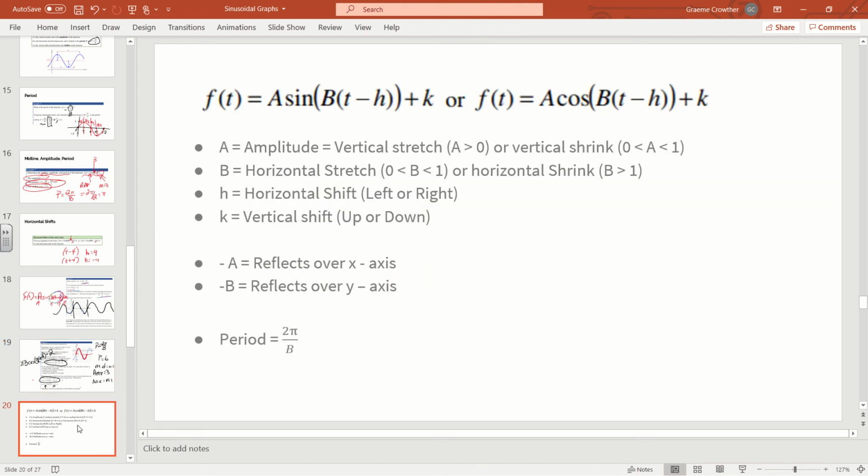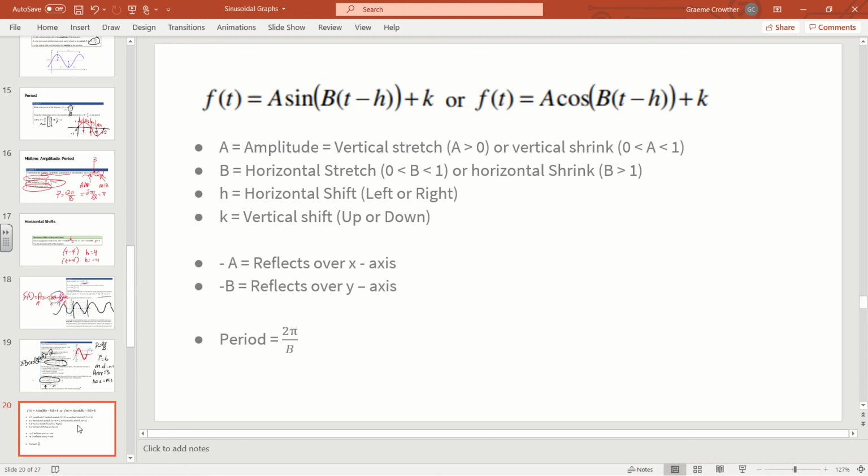So putting this all together, both sine and cosine are periodic functions. They are both considered sinusoidal graphs. Their transformations are made up of a, b, h, and k, just like every other transformation we've done.